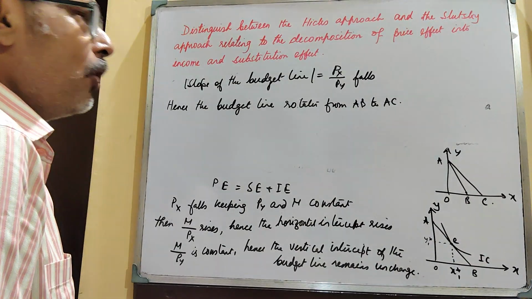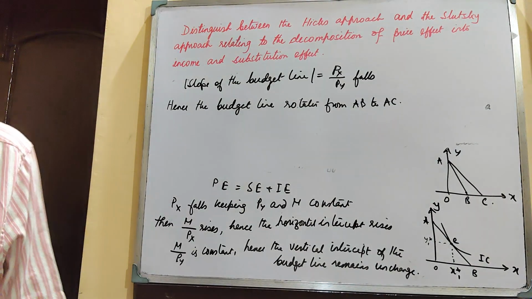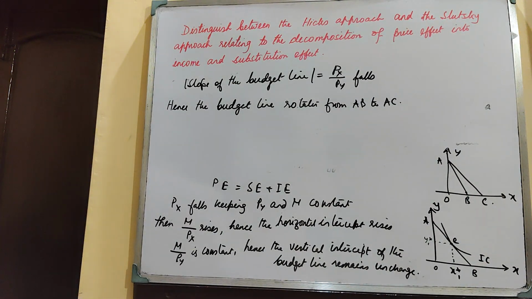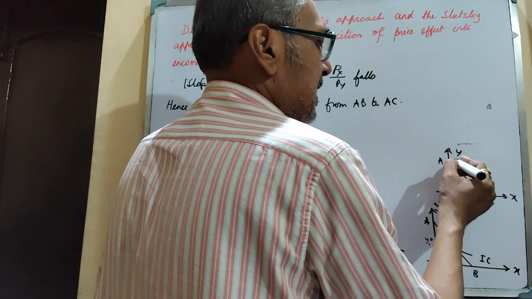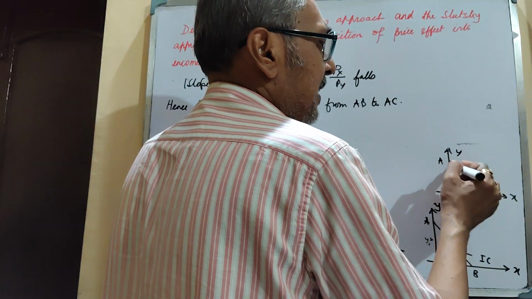Now, due to fall in Px, with Py and M constant, the budget line rotates from AB to AC. Therefore, the budget set increases by this amount, ABC.